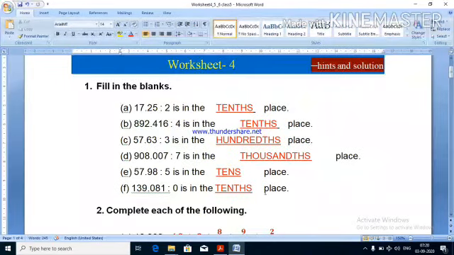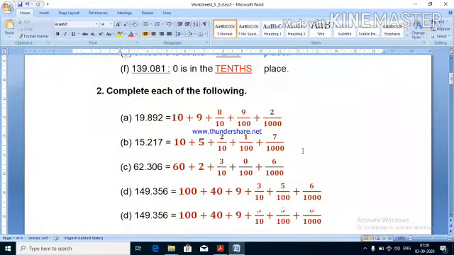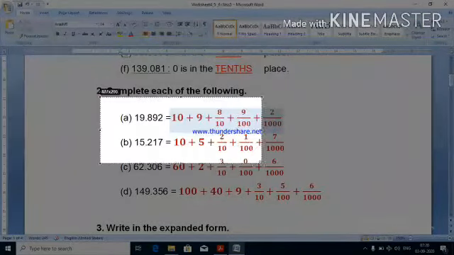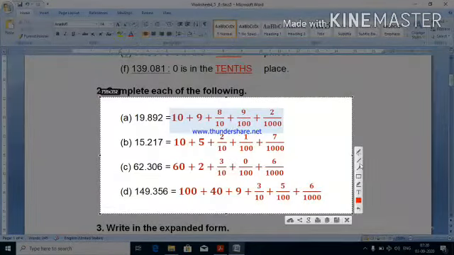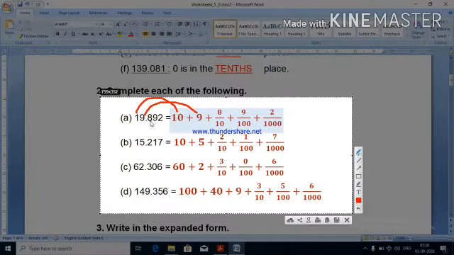Okay, now question number 2, complete each of the following. We know 1 into 10 is 10. 9 into 1 is 9.